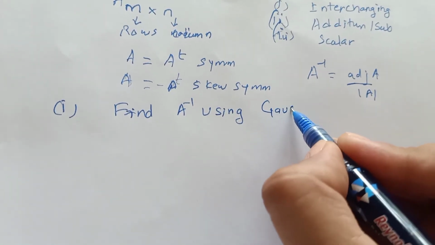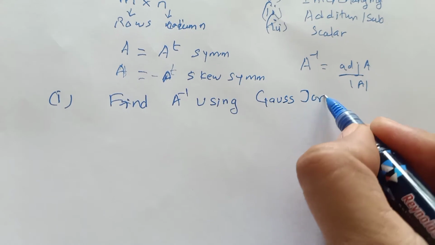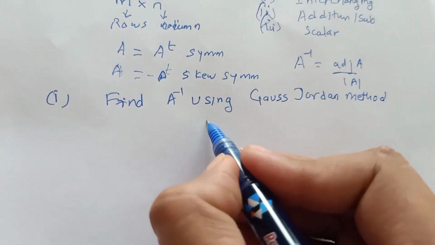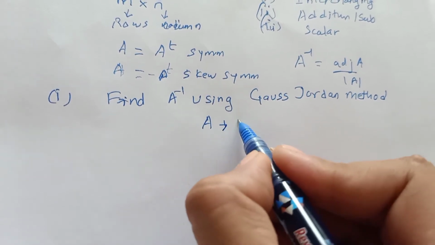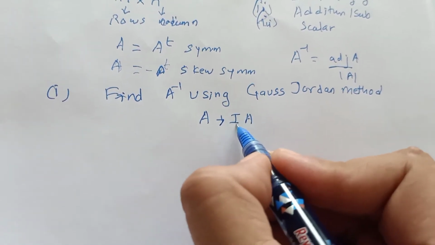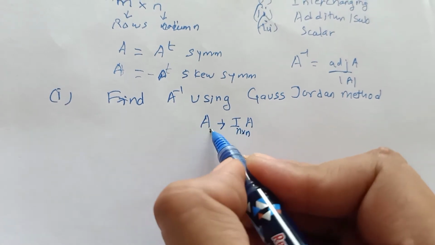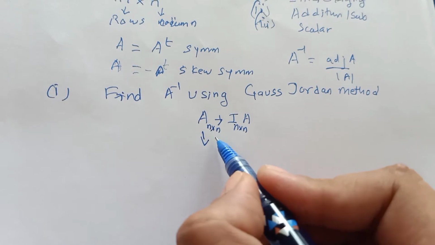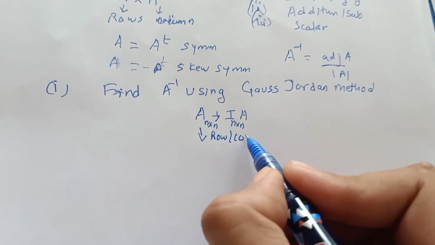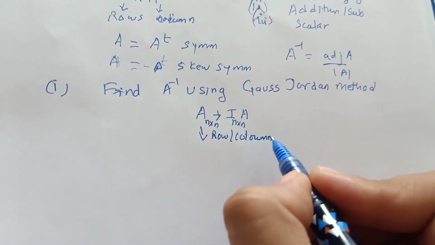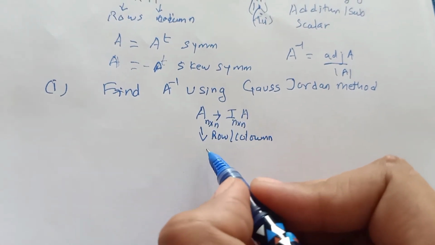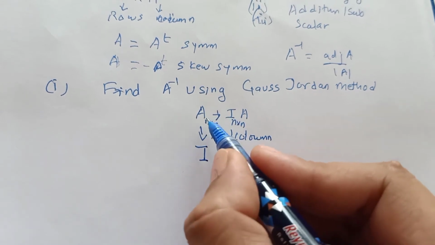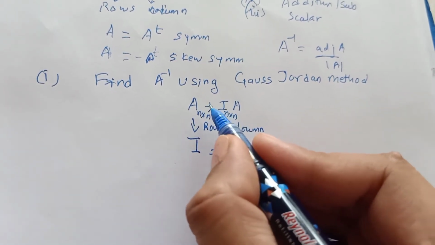So what is Gauss-Jordan method? It is changing your matrix, writing your matrix as I times A, where I is of same order as your matrix, then applying any type of operations, both row and column are allowed, and changing this matrix A into an identity matrix and applying same operations that you are applying on this side.